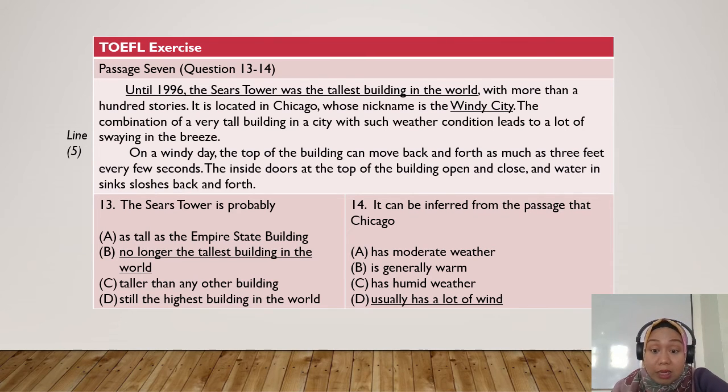And then number 14, it can be inferred from the passage that Chicago, in the passage we read, it is located in Chicago, whose nickname is the Windy City. Okay, in the Windy City, so it usually has a lot of wind. So the answer is D.